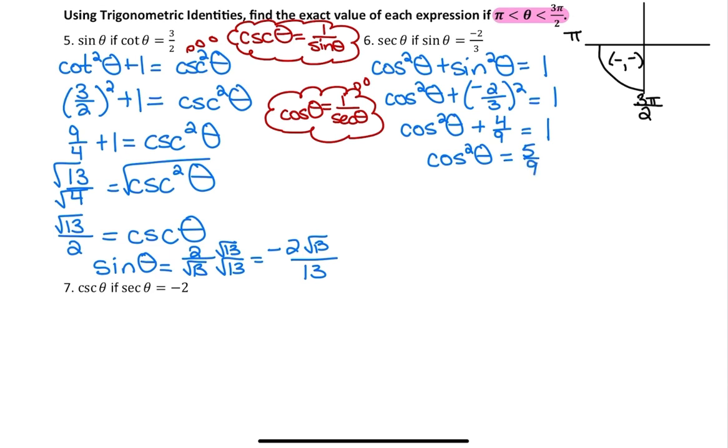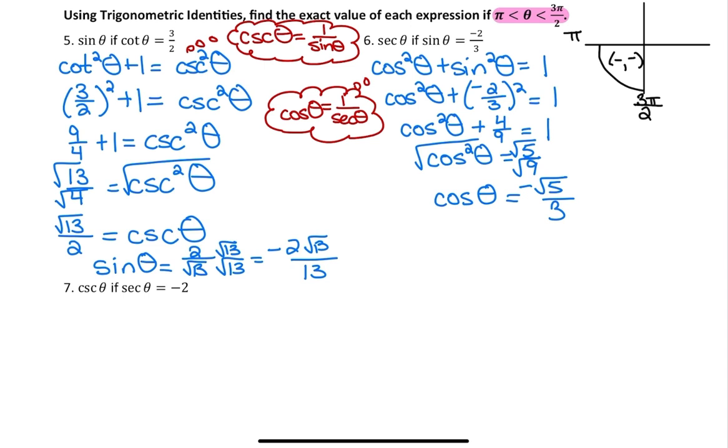And then we can square root both sides, square rooting the top, square rooting the bottom. Cosine of theta is equal to square root of 5, which can't be broken down, and the square root of 9, which is 3. Cosine in this quadrant is negative. Therefore, I'm going to keep this as negative.